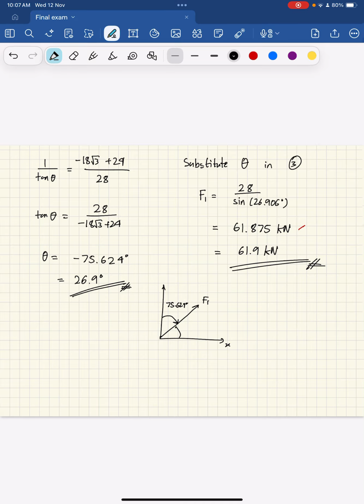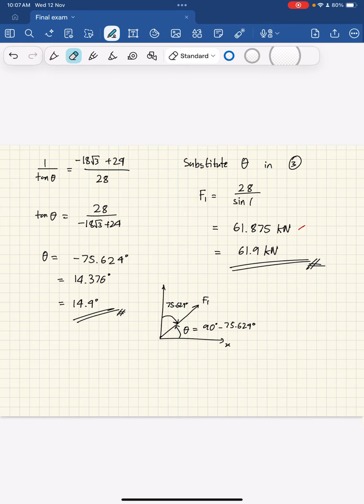So you want to find this angle theta. It's obviously gonna be 90 minus 75.624 degrees. So your final answer should be 90 minus 75.624, should be 14.376 degrees, or it should be about 14.4 degrees.